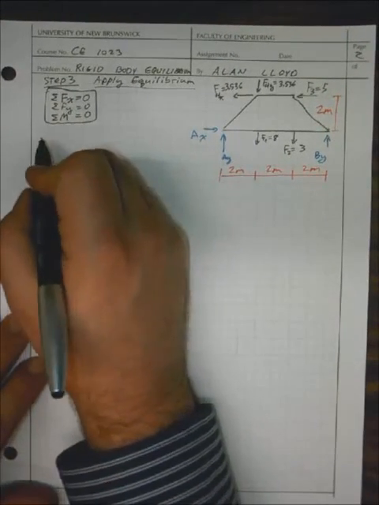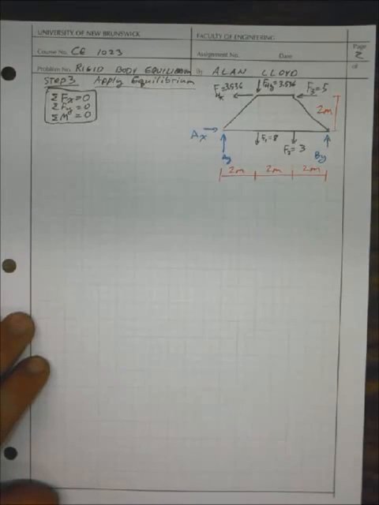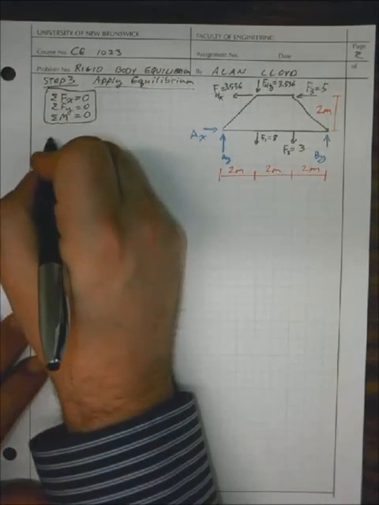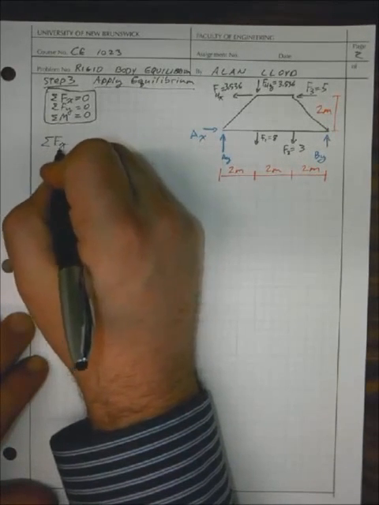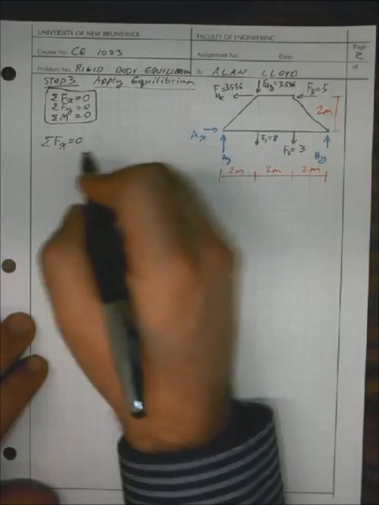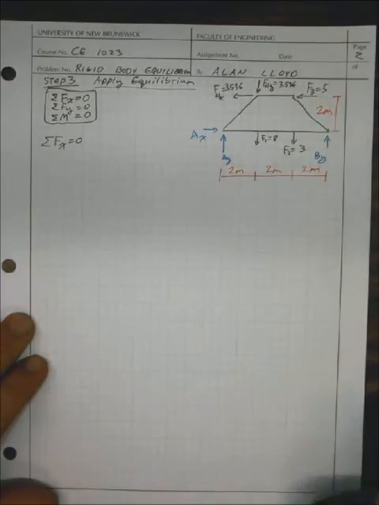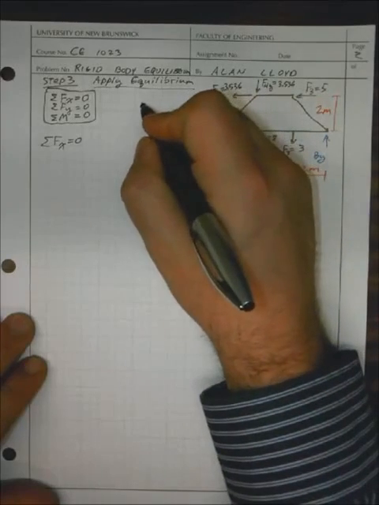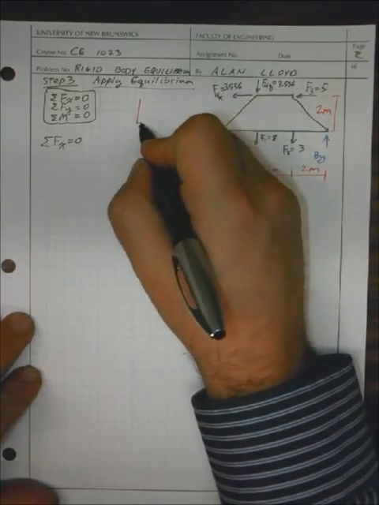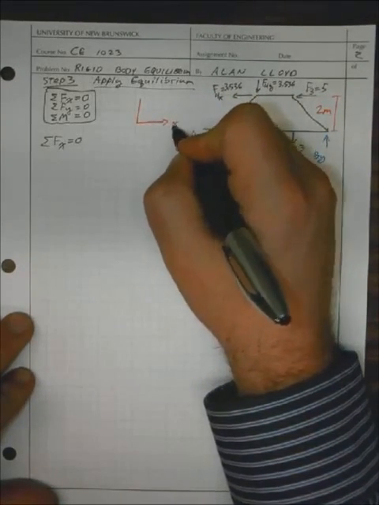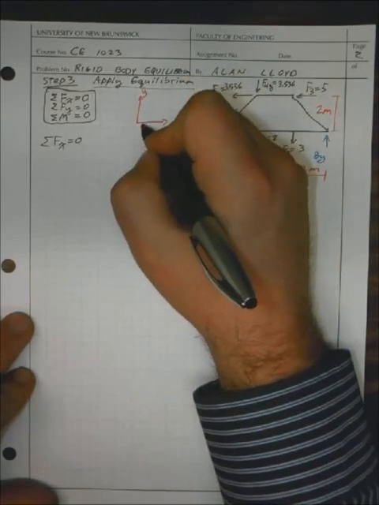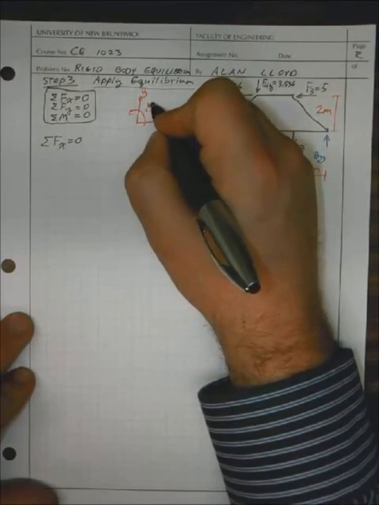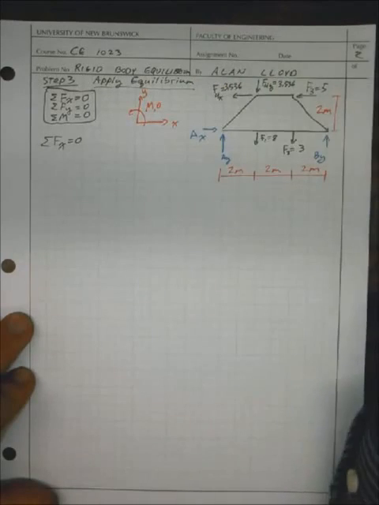So first, let's apply what might be considered our easiest one. Let's do sum of forces in X is equal to 0. And here we can say that if we add up all the forces in X with positive going to the right, and let's draw in our positive coordinate system here just so that we have a frame of reference. Here we have X, we have Y, we have moment and rotation here.